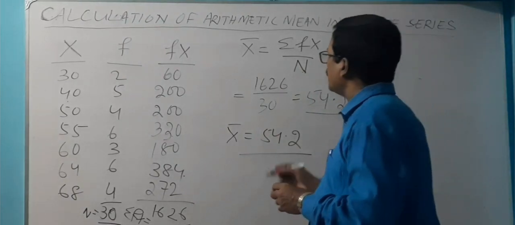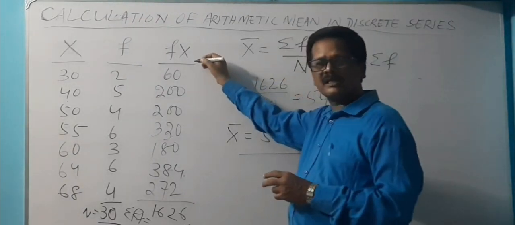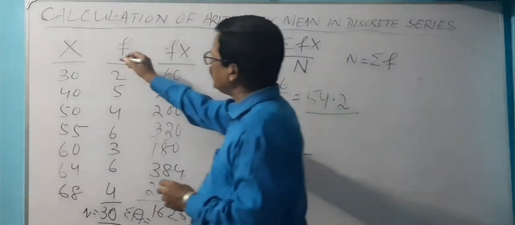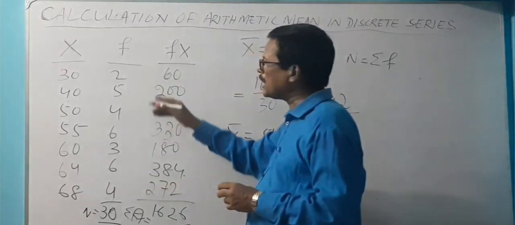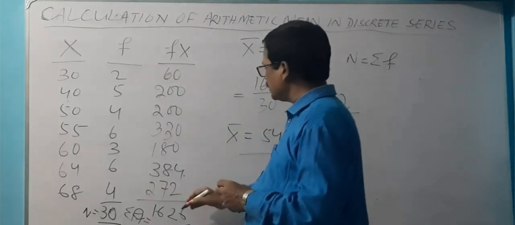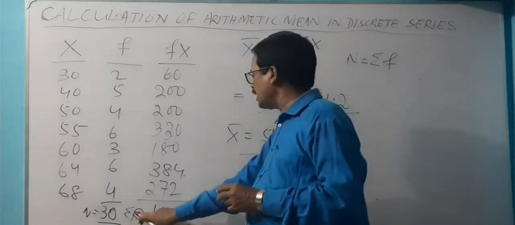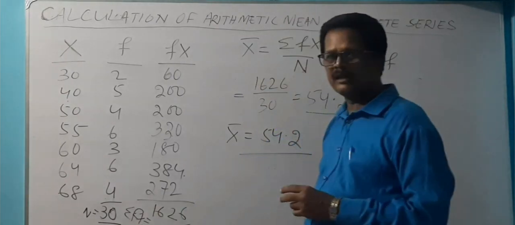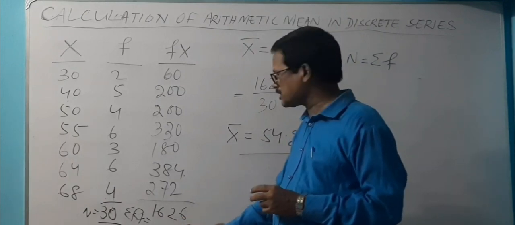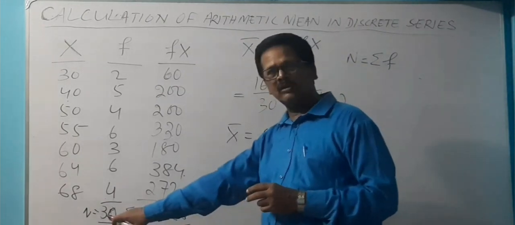So we have to make another column, that is fx, the third column, right here. Then fx means f into x. Just multiply each row's x values and f values, then add them, we will get summation fx. So here summation fx is equal to 1626 and n is equal to 30.